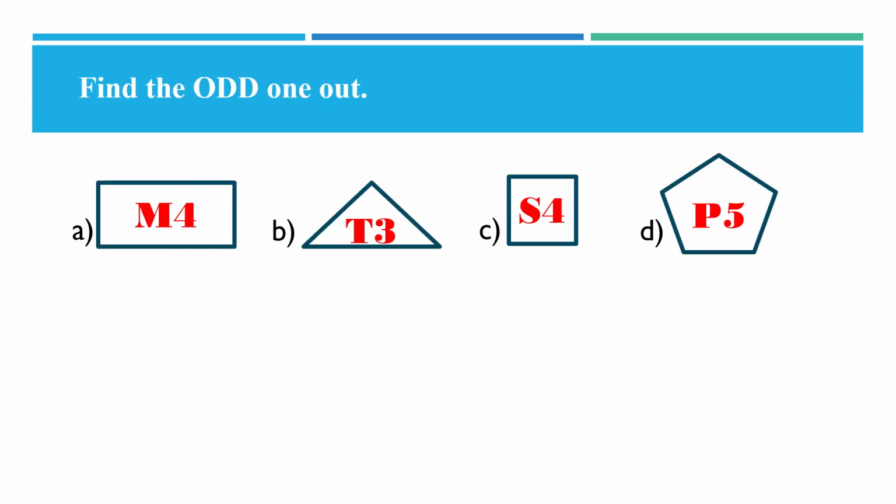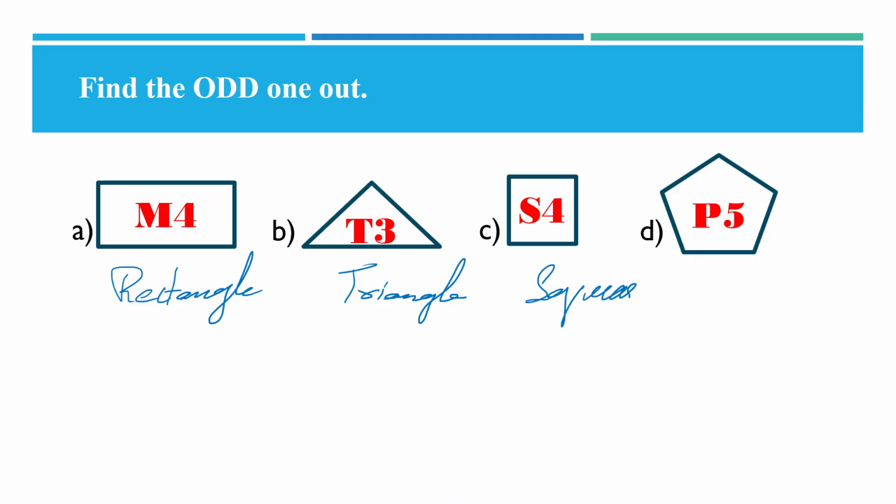Great. And our next question is, find the odd one out. Okay. I see a rectangle here and a triangle. I believe this is a square and a pentagon.